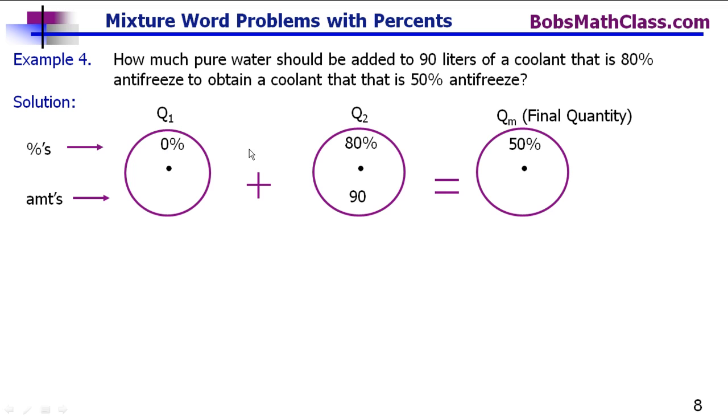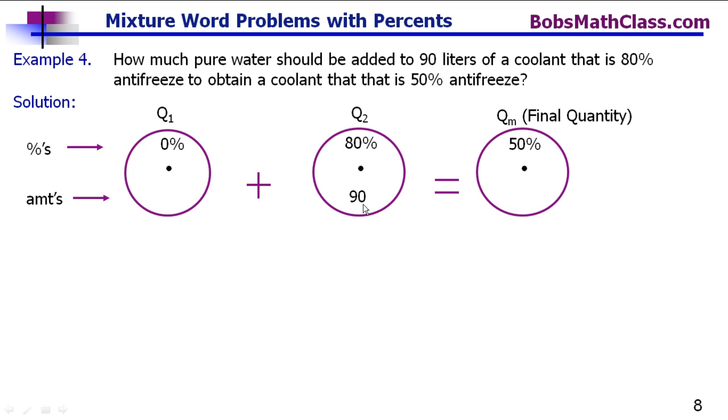They have to all match. They're all percent of antifreeze. This is 0% antifreeze, 80% antifreeze, 50% antifreeze. If we used 100 here, this would have to be 100% water, 80% water, and 50% water.